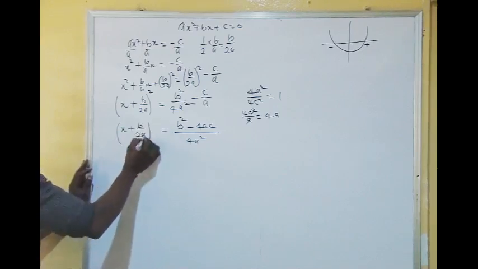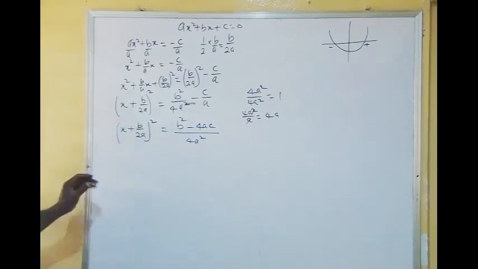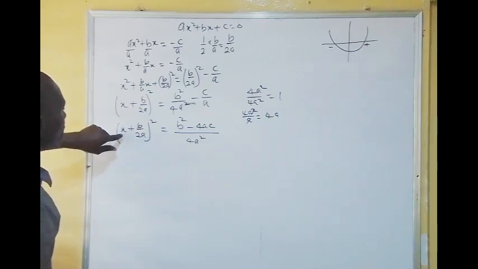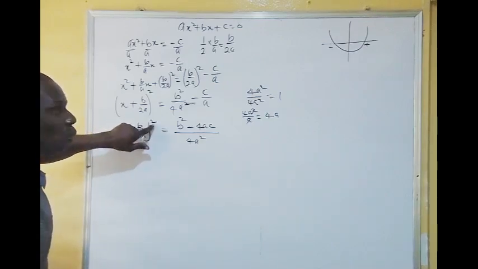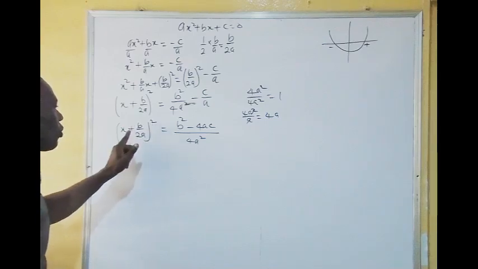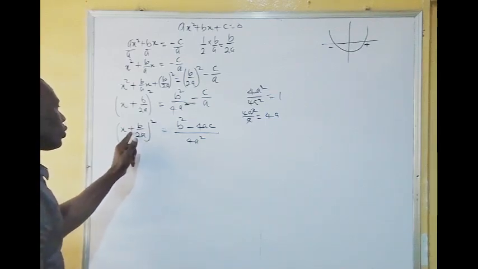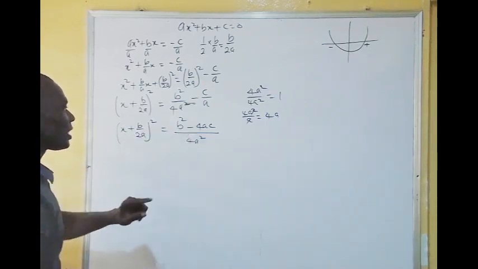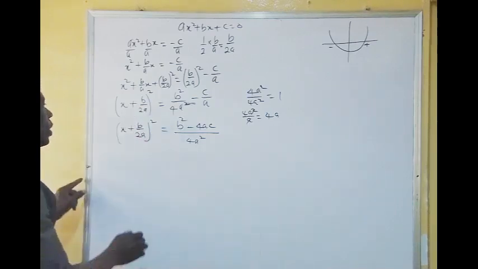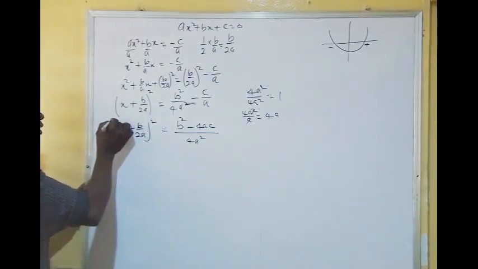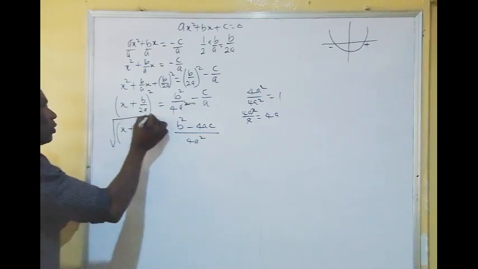About 2a or square. Now we are trying to make x the subject of the formula, so that means we have to remove this square and also move this plus b over 2a to the right hand side. To do that efficiently, we take the square root of both sides.